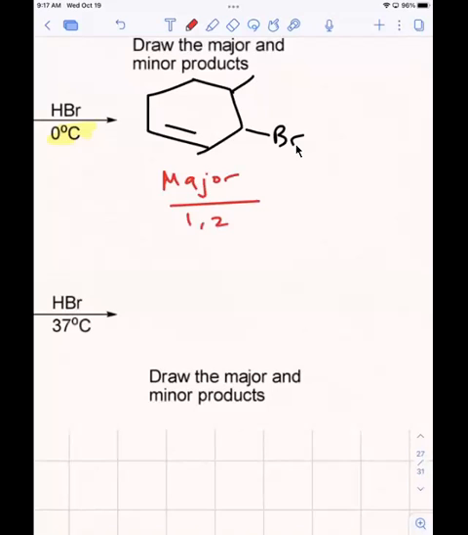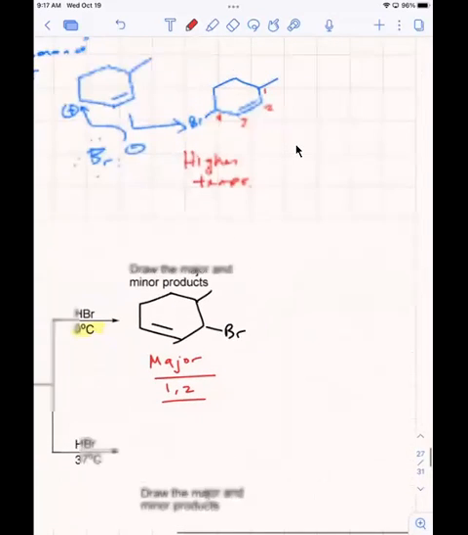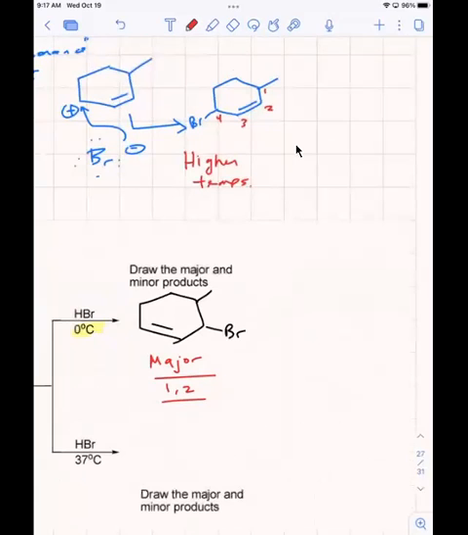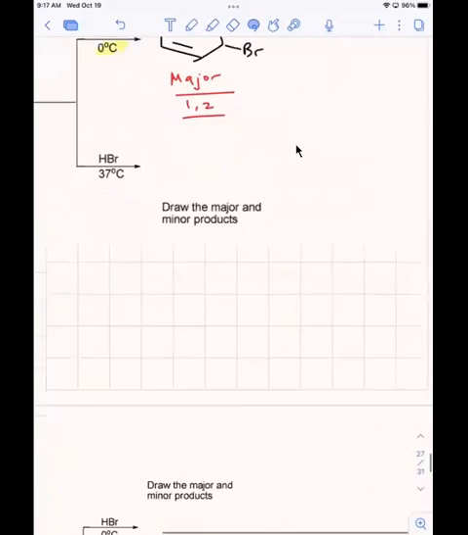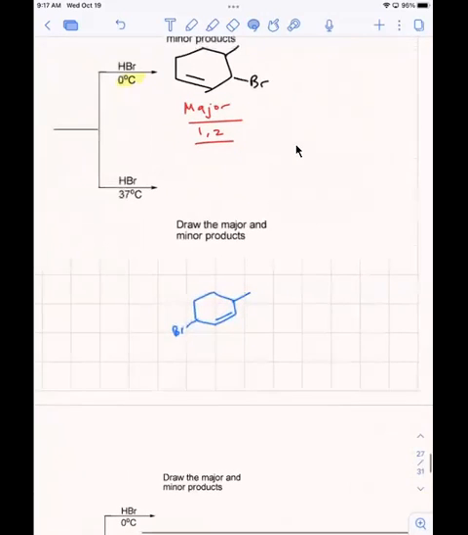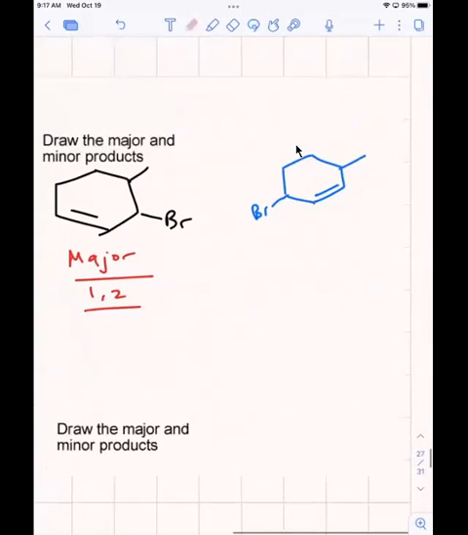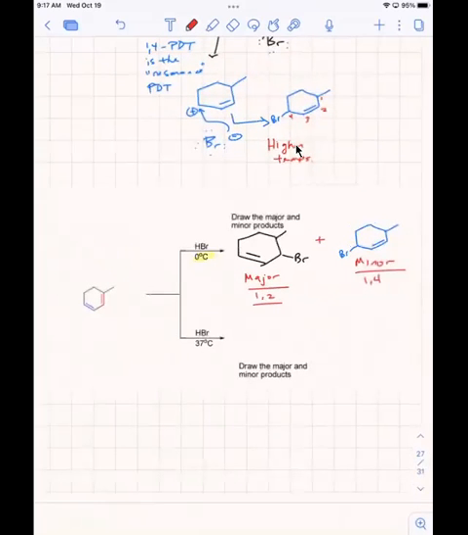The 1,2 product. And then, of course, at 0 degrees, the minor product is going to be this one. So the 1,4 product is minor at low temperature and is major at high temperature.